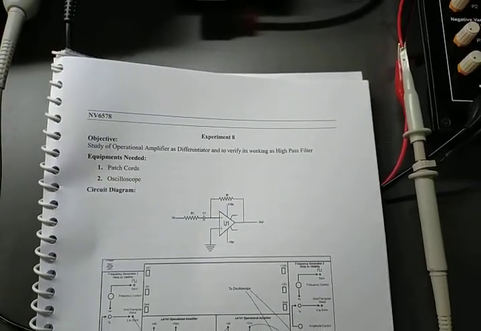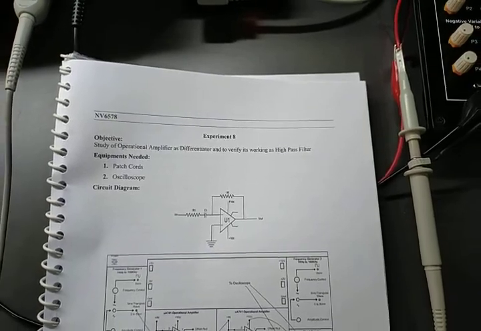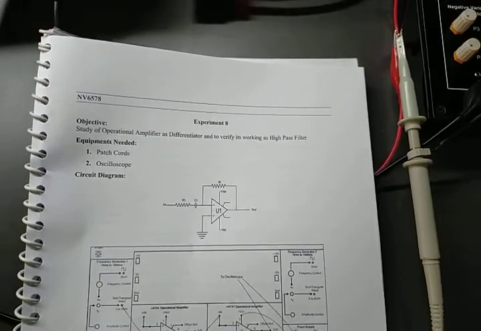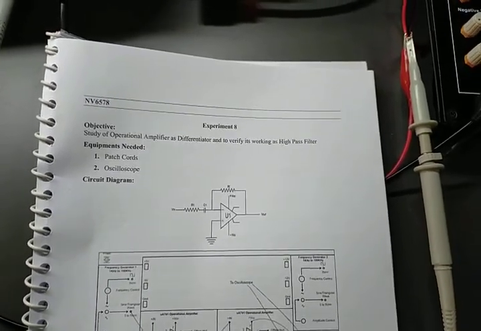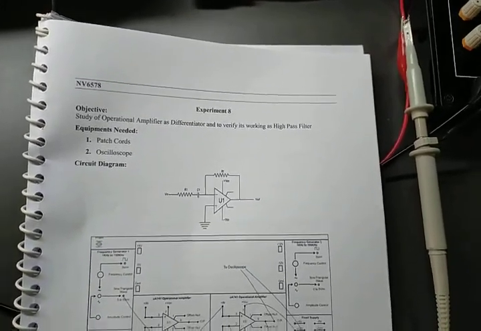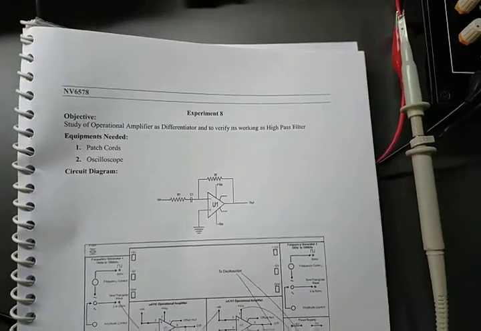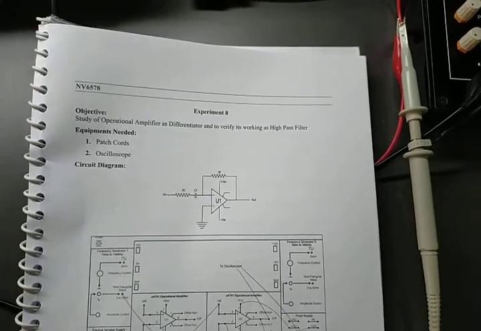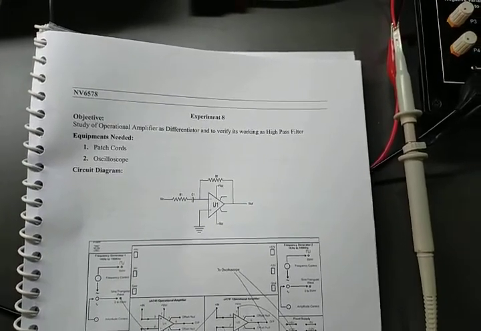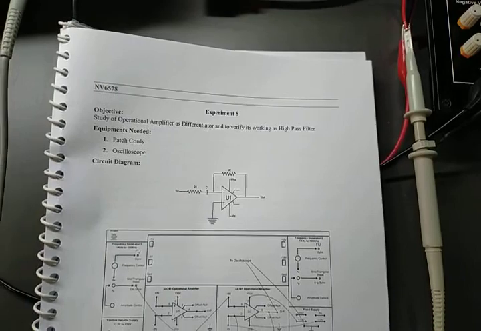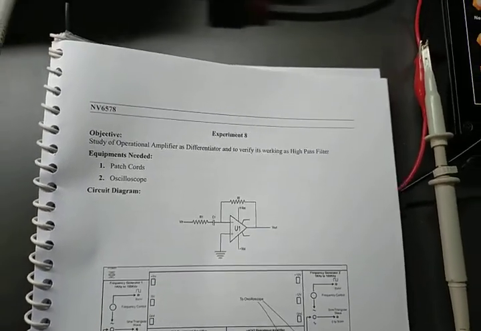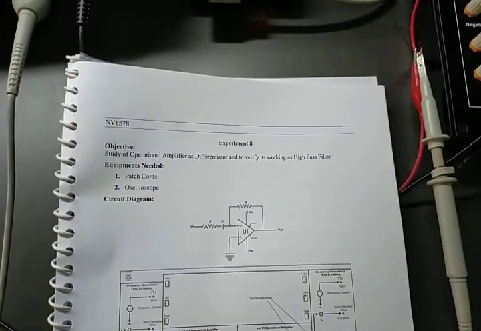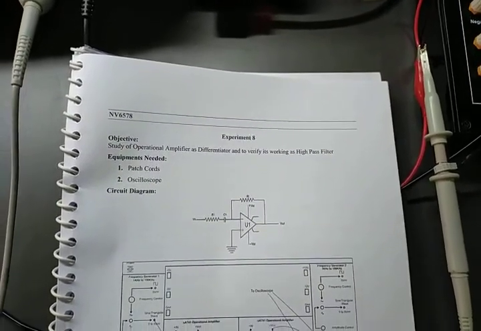As the name says, high pass filter, here we have a capacitor which will pass the signal at high frequency. It has its cutoff values, its initial and final values. After that our signal will be 0.